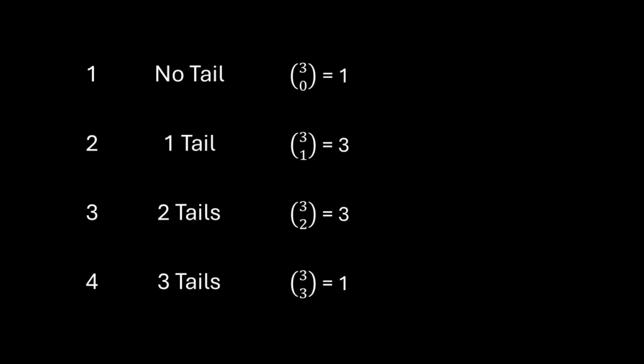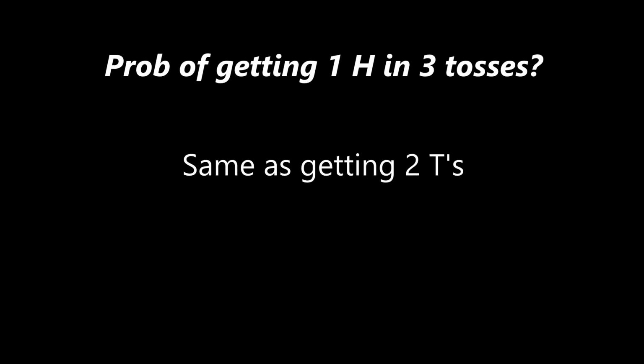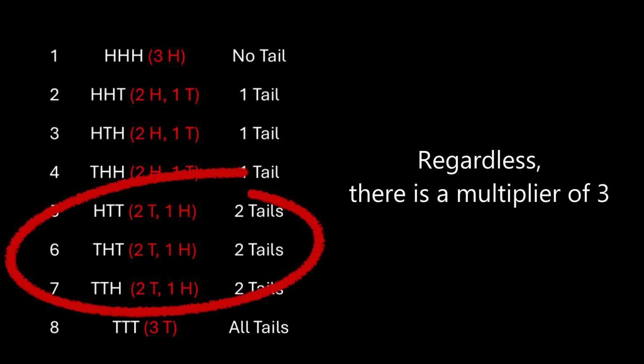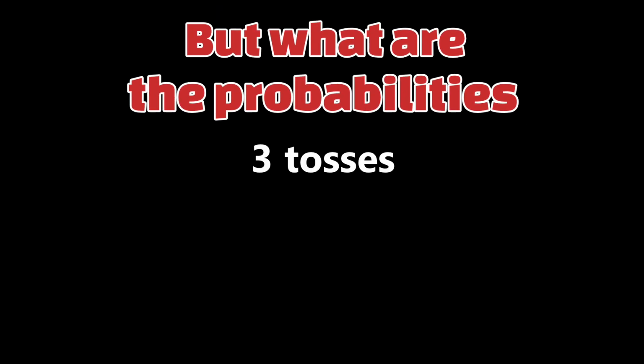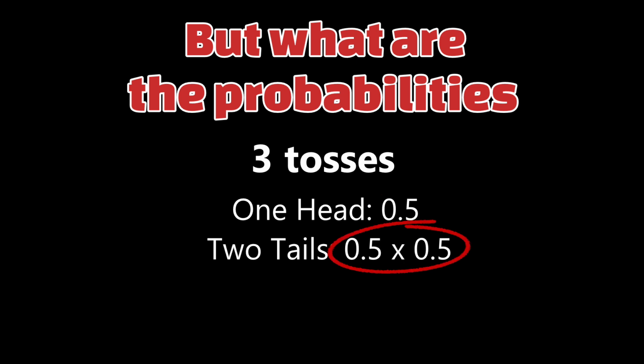Okay, so what is the probability of getting 1 head for a fair coin, given 3 tosses? Well, whatever that probability is, it will happen 3 times since there are 3 combination 1 ways of getting 1 head. But what exactly are the probabilities? So in 3 tosses, the probability of 1 head and therefore 2 tails is actually 0.5 raised to the power 1 times 0.5 raised to the power 2 using compound probabilities.